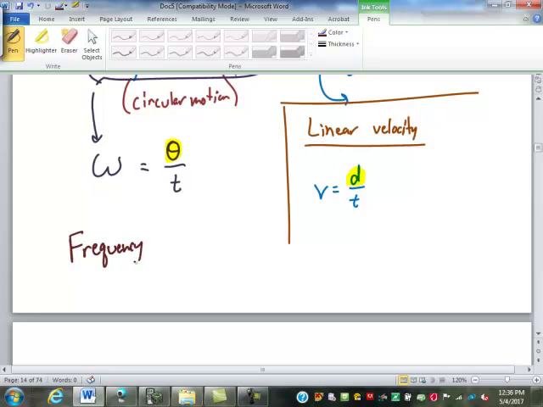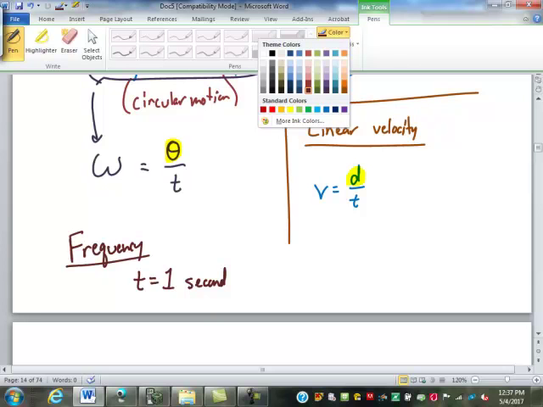We talk about our frequency now in terms of this. Our frequency is the number of rotations that happen in time equals 1 second. So if we get more than a full rotation, our frequency is bigger than 1. It's possible to have less than a full rotation, less than a complete cycle in a second.